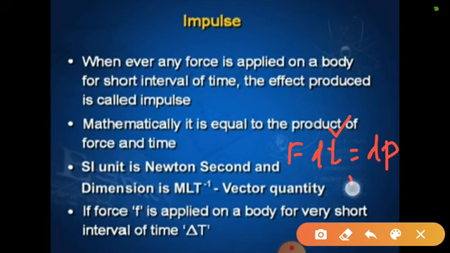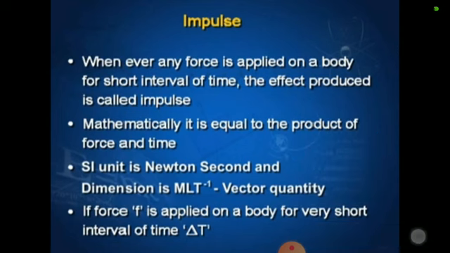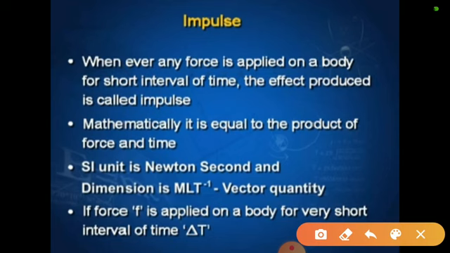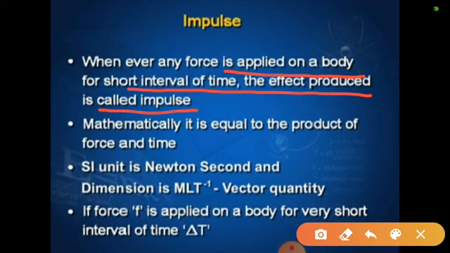This term is given a name, that is impulse. So you can define it as the force applied on a body for a short interval of time, and this effect produced is known as impulse. Mathematically, it is the product of force and time. Its SI unit is Newton second, and it is a vector quantity.